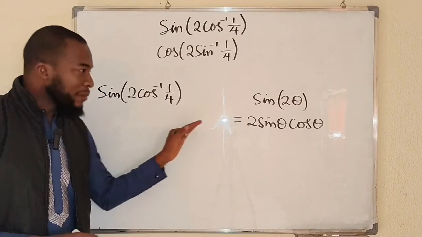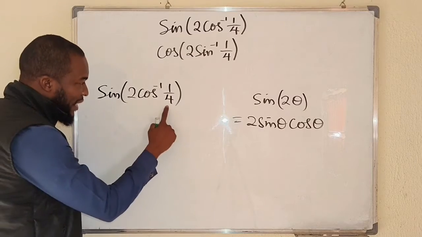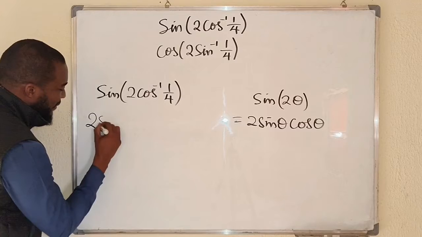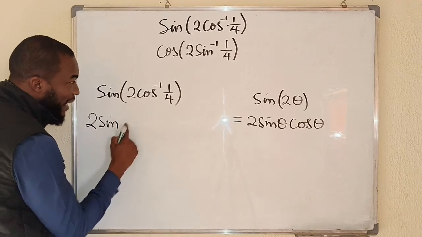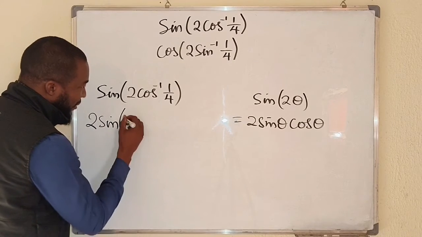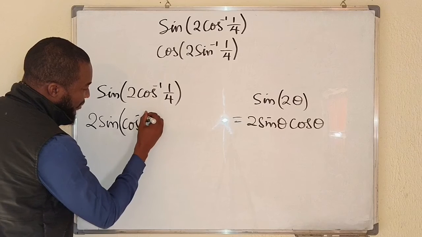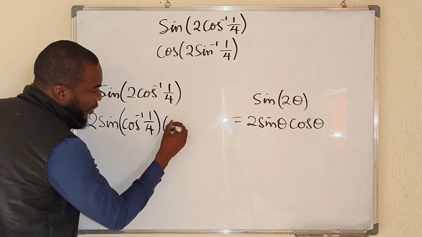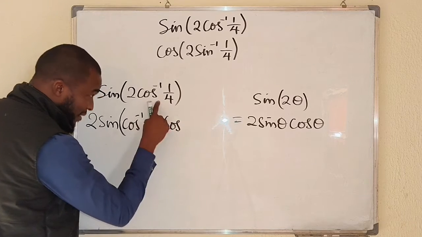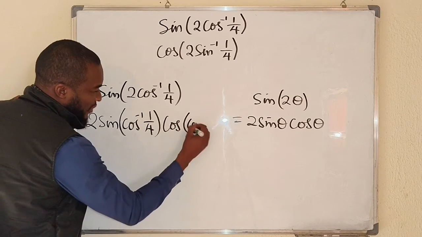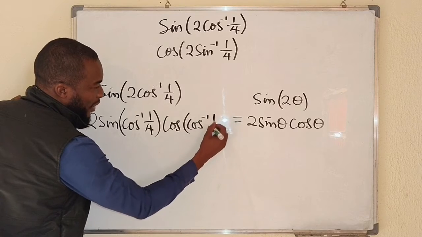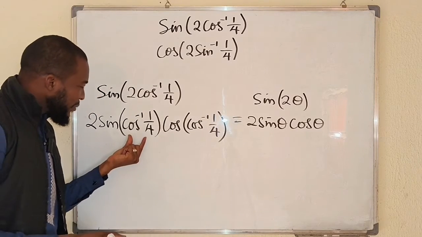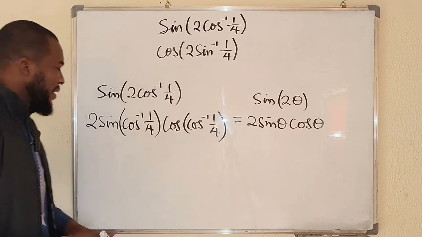So we have 2 sine of theta, but theta is cosine inverse of 1 over 4, then multiply by cosine theta, but theta is still cos inverse of 1 over 4. So now we can simplify these separately.